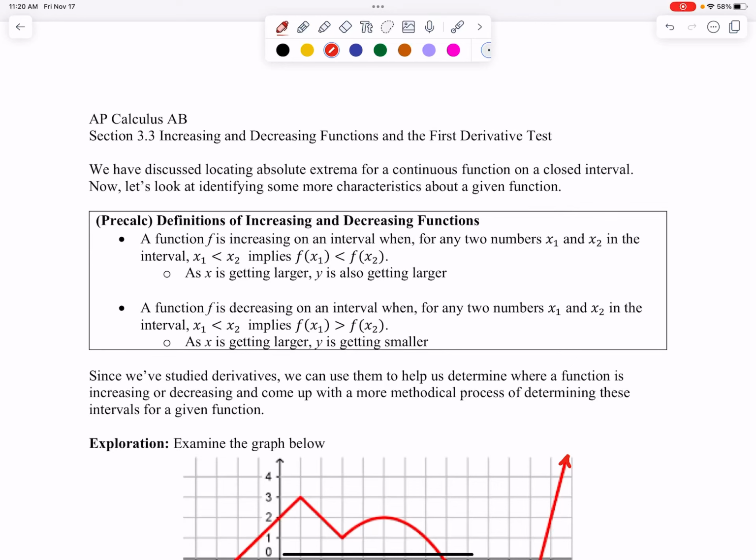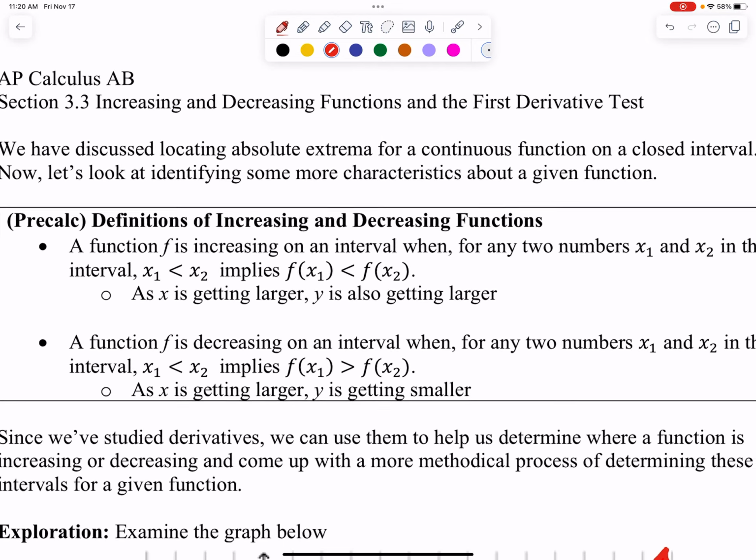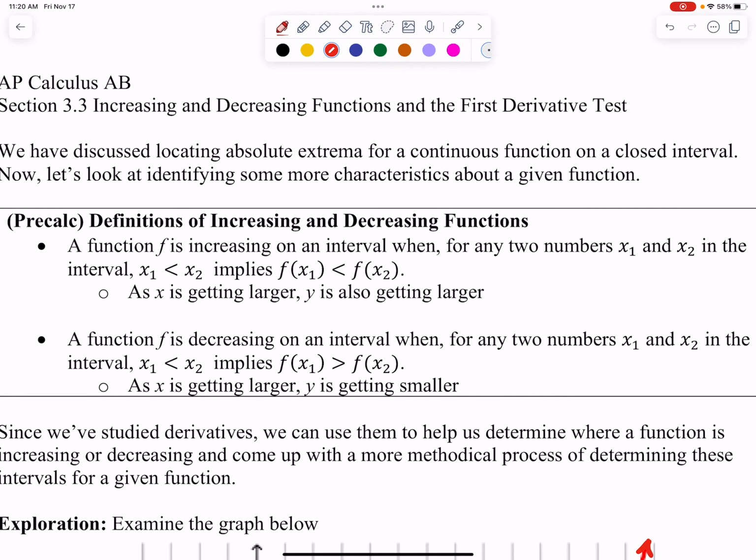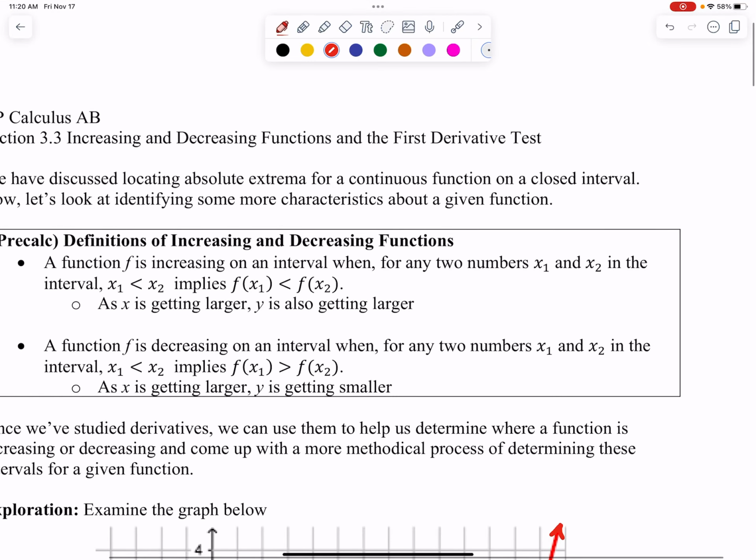All right, hi guys, this lesson is on section 3.3, increasing and decreasing functions, as well as the first derivative test. So here first is our old definition, our pre-calc definition of what it means for a function to be increasing or decreasing. A function is said to be increasing on an interval if as x is getting larger, the y values are also getting larger.